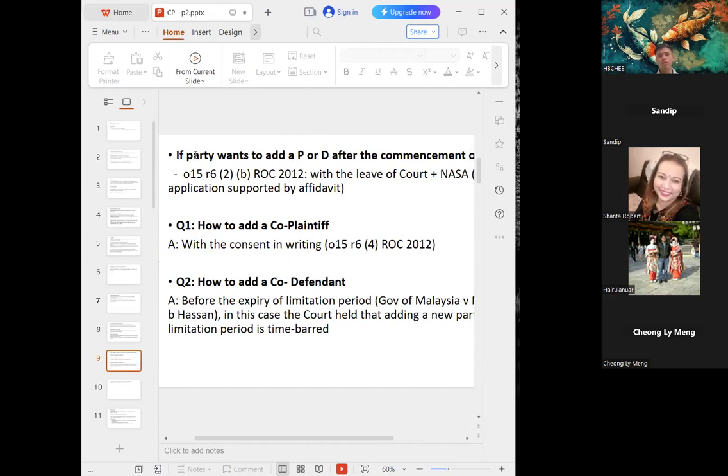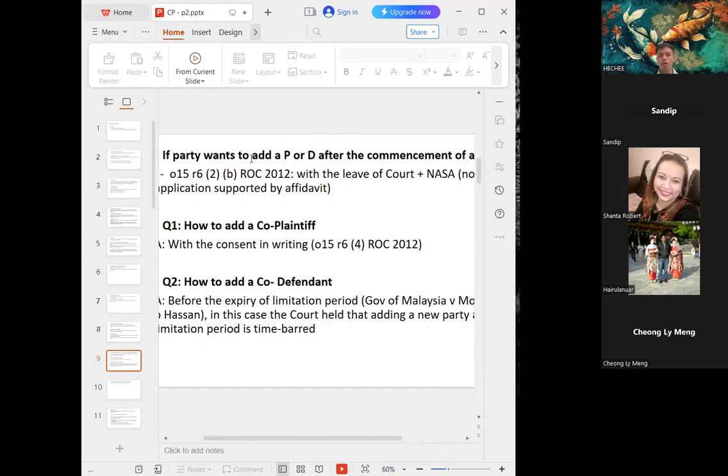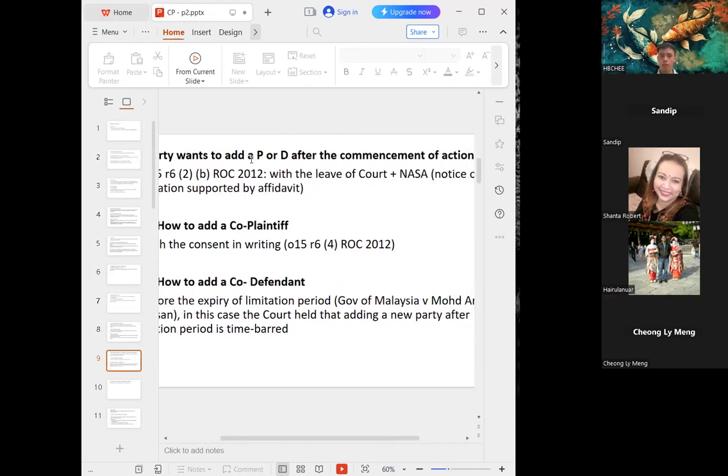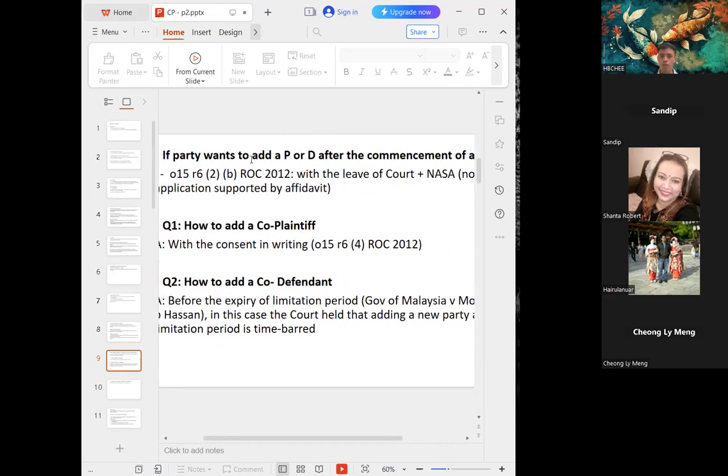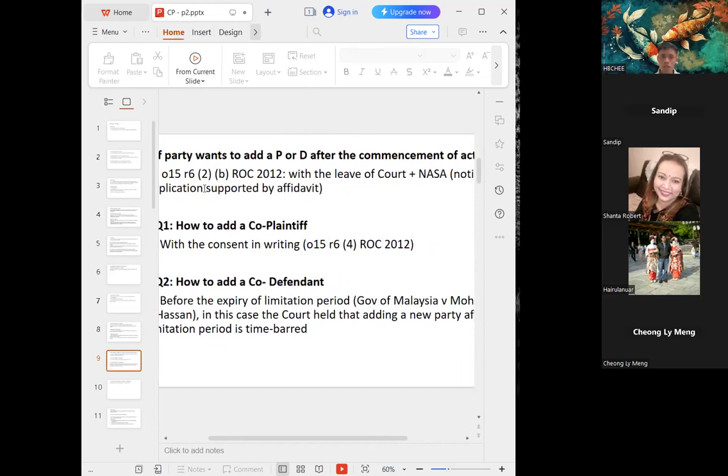Now, if a party wants to add a plaintiff or a defendant after the commencement of action, yes, it is allowed. You want to add a party, it's okay, provided that it arises from the same series of cases or transaction.